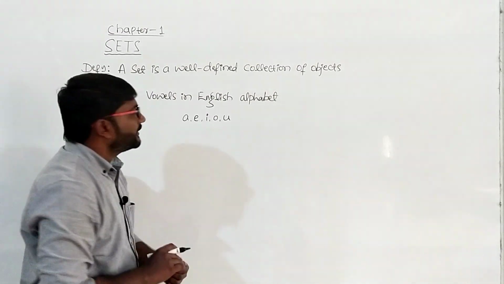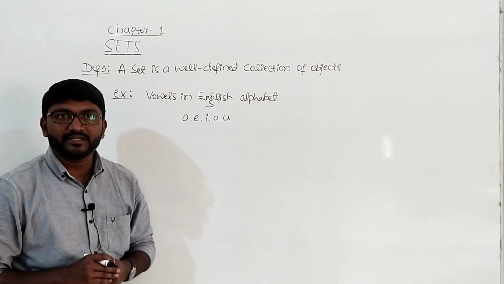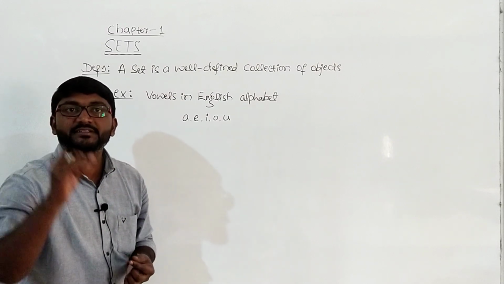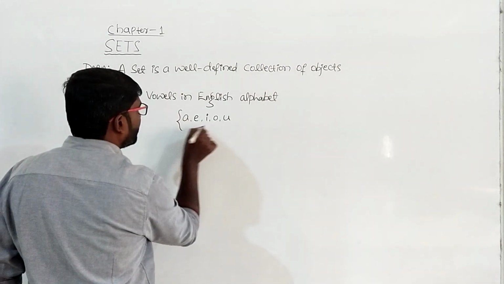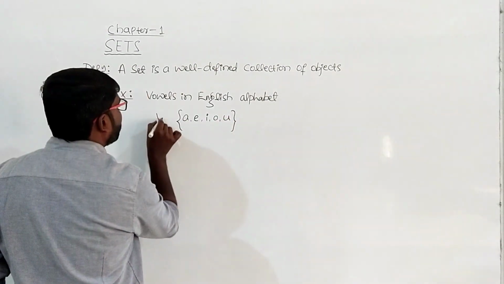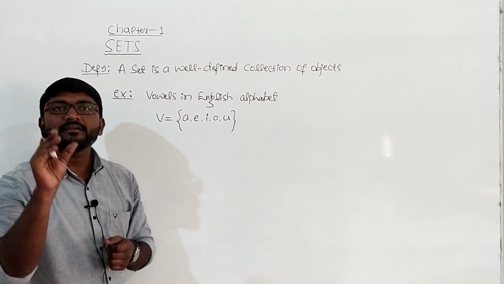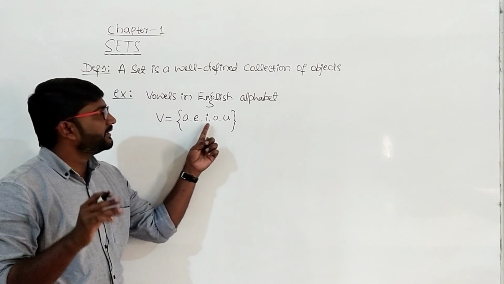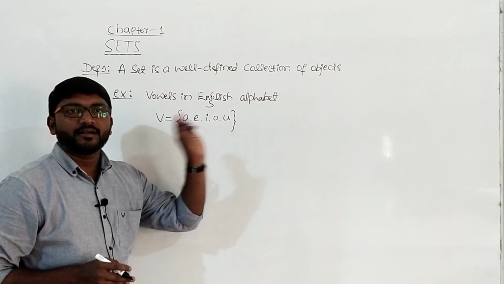Usually sets are denoted by capital letters of the English alphabet, and the elements or objects are separated by commas. So here I can write this as capital V. Each object, member or element of a set is separated by a comma.